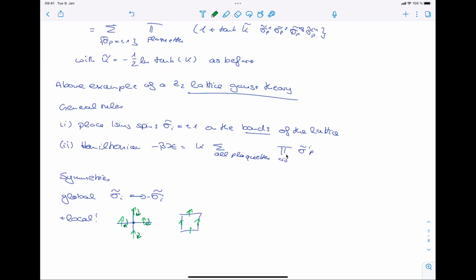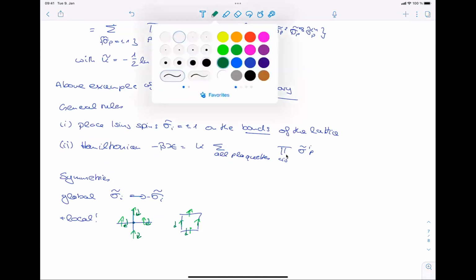So if I flip two of them, the product of both of them is unchanged, right? If I take the product of four spins, and I change two out of the four, nothing changes in the energy. And that's because the spin flip that I'm performing is a local one.